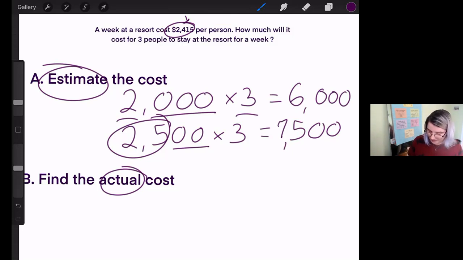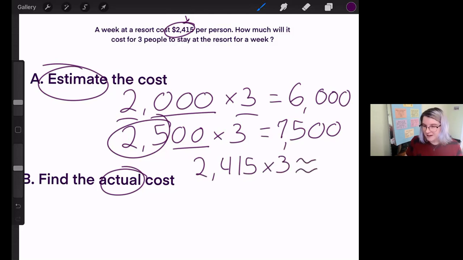You can also write it like this: 2,415 times 3. Check this out. If you make a squiggly equals mark, this symbol means is about 6,000 or about 7,500.